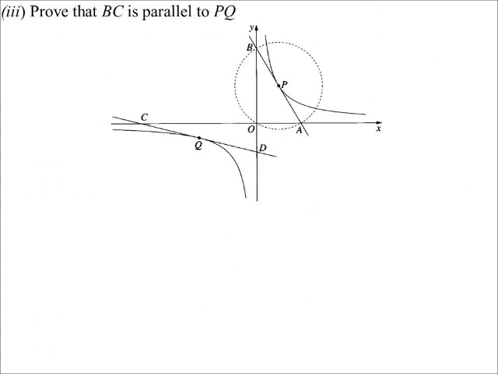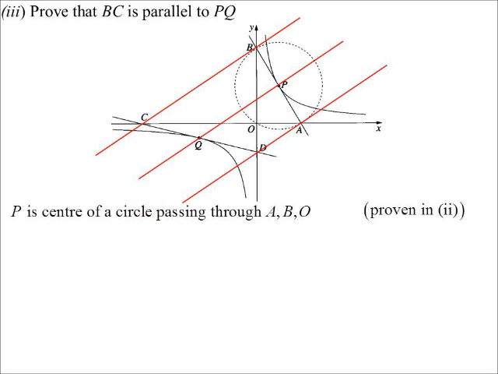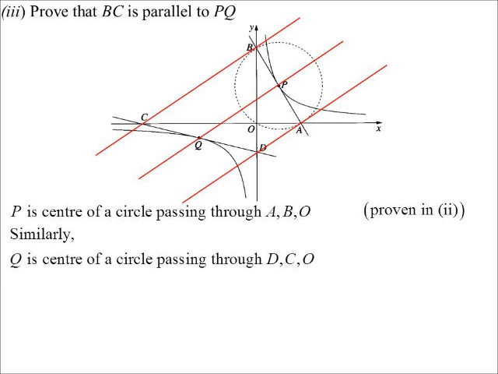Prove that BC is parallel to PQ. Lots of interesting ways of doing this question. The way I chose to do it was like this. I drew in the 3 lines, BC, PQ, and AD. Okay. Now, we just said P is the centre of a circle that passes through A, B, and O. Well, similarly, because if you look at the other branch, that other tangent is set up exactly the same way.